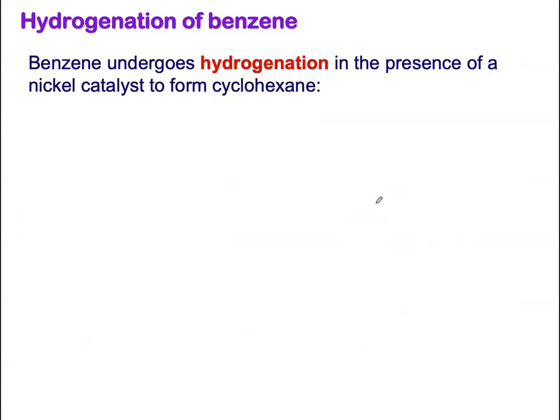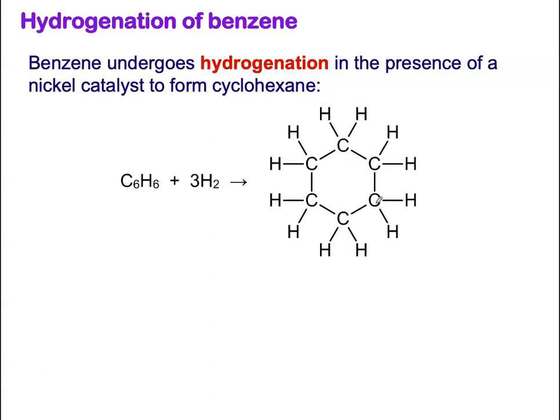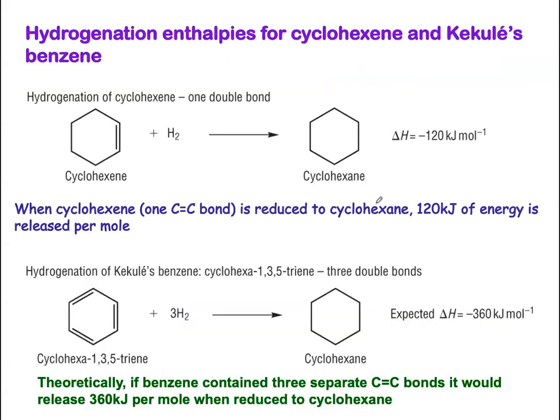So we know this. Now let's look at hydrogenation of benzene and stability of benzene. When cyclohexene undergoes hydrogenation, the amount of energy released is 120.